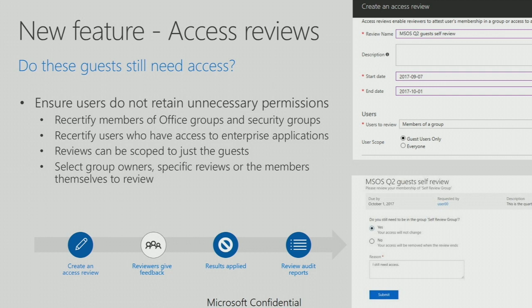Or if they are members of a group, you'll be able to trigger the guest users to attest for themselves, or the group owners to attest for membership within the group, or you can select particular individuals to attest to those capabilities. It works for all users, and we've done some unique scenarios for guest users so that we automatically detect who the guests are and apply the policy to them. There's a question there, and then we'll show you how that works in a second.